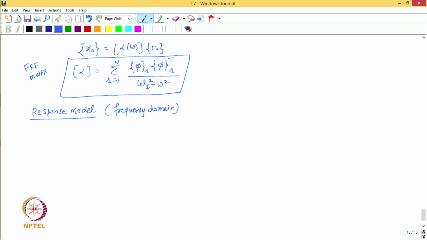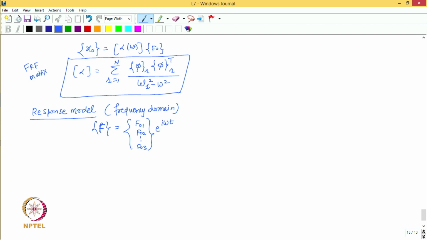So, let us say we have the vector of harmonic forces acting, and let us say this is nothing but F naught 1, F naught 2, F naught 3, like this, e to the power i omega t. Let us say this is the vector of forces acting.